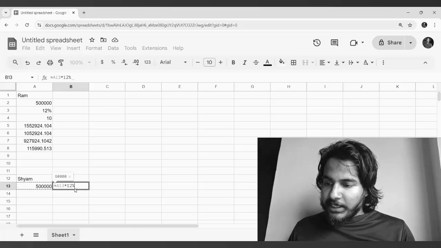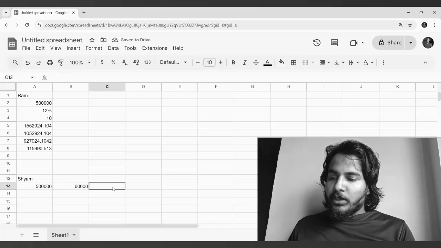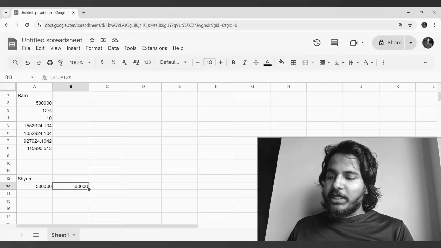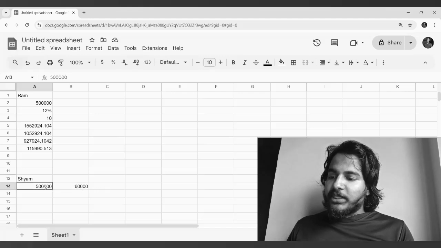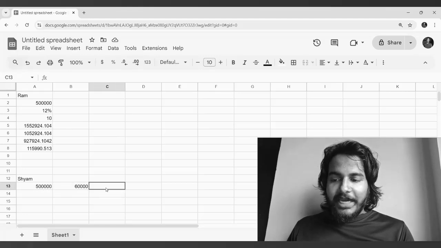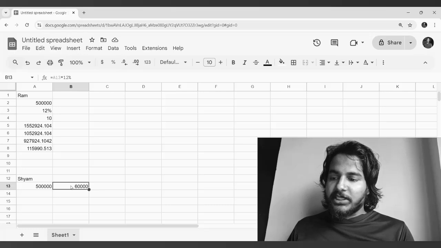So the 12% is 60,000. That is the capital gains. Now this is the amount he redeemed. He redeemed this entire amount, 5,60,000, and this is the capital gains, 60,000.